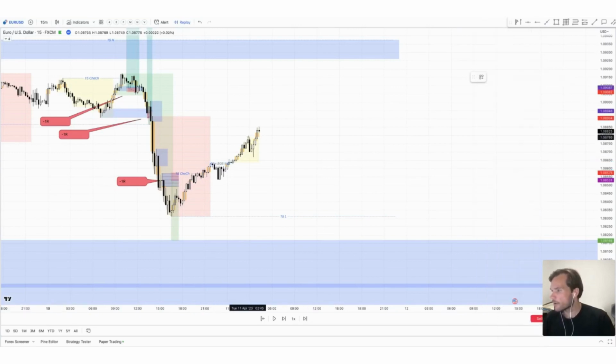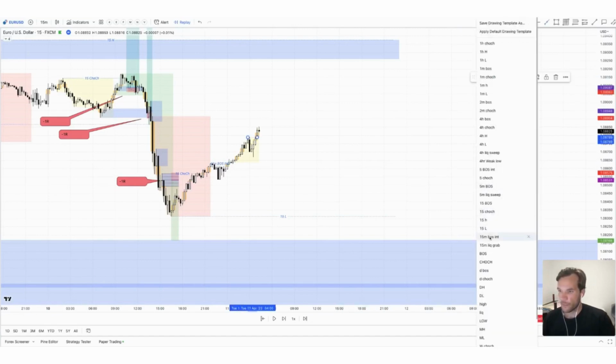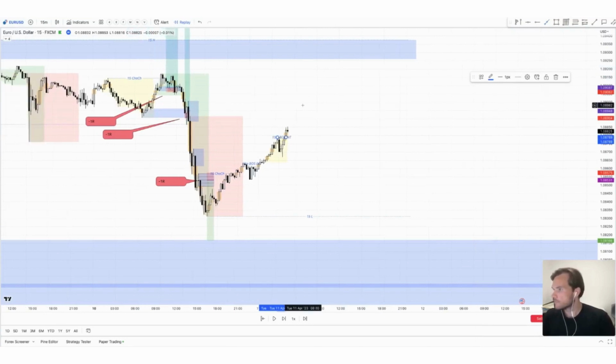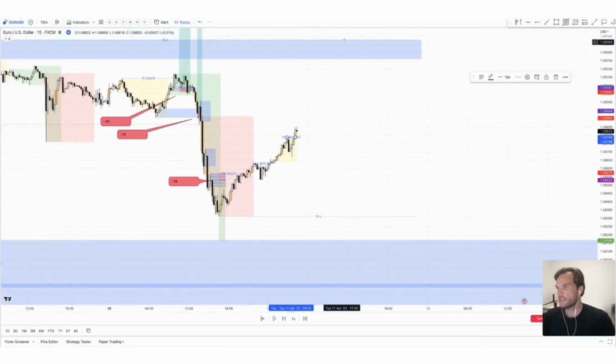Grind up, grind up, grind up, 15-minute break of structure, internal. Externally, we need this to break, but right now we're internally bullish and in a 4-hour bullish. So I would look at this, and maybe that's what I would rather do.